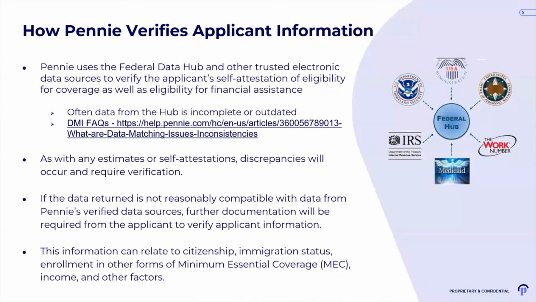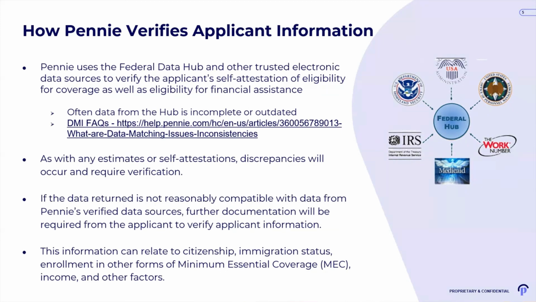As with any estimates or self-attestations, sorry about that, discrepancies are going to occur and require verification. That's the whole purpose of this learning module: to make sure that our broker community is informed about what they can do to help their customers get from a point of confusion to a good place.